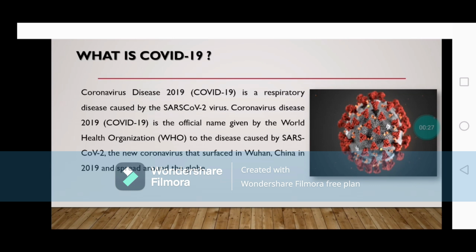Coronavirus disease 2019, COVID-19, is the official name given by WHO, World Health Organization, to the disease caused by SARS-CoV-2 virus. The new coronavirus that surfaced in Wuhan, China in 2019 and spread around the globe. So we got answers to our questions.